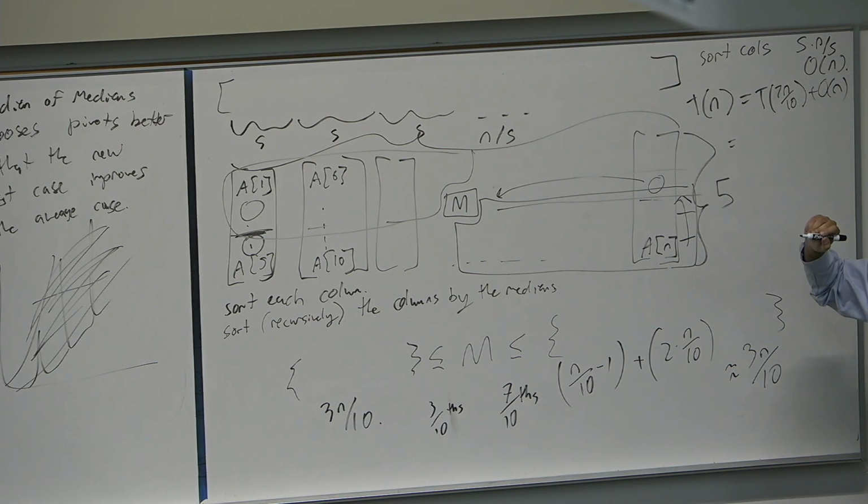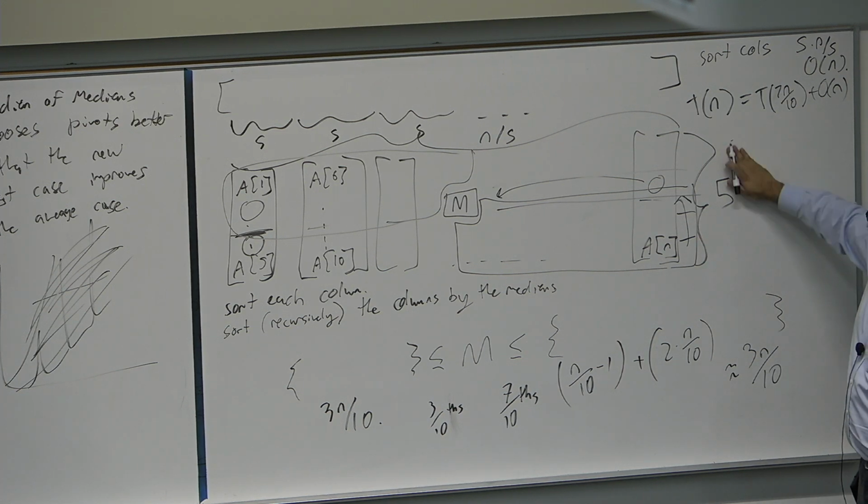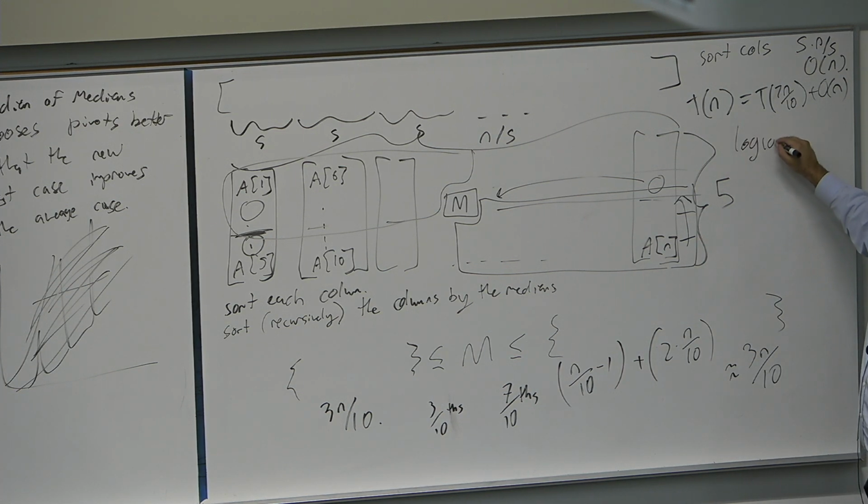Without using the master theorem, finding your A, B, and D, you should be able to quickly say that we don't have 2 subproblems and things are shrinking pretty fast. Things are still shrinking at a multiplicative level, but we don't have 2 subproblems. It's going to end up being the same analysis. Instead of B equals 2, it's going to be B equals 10/7. So log base 10/7 of 1 is what? 0.